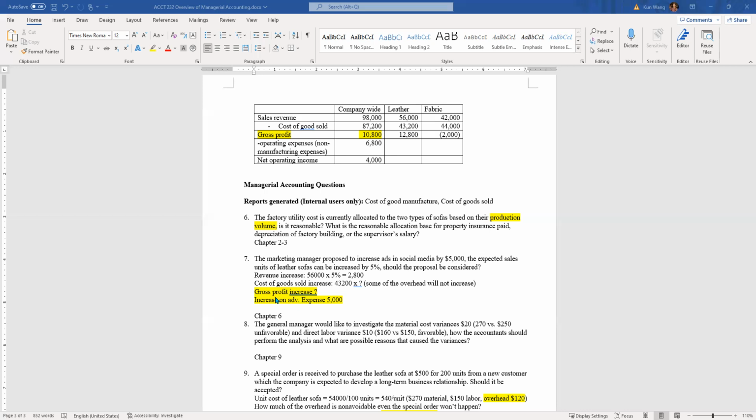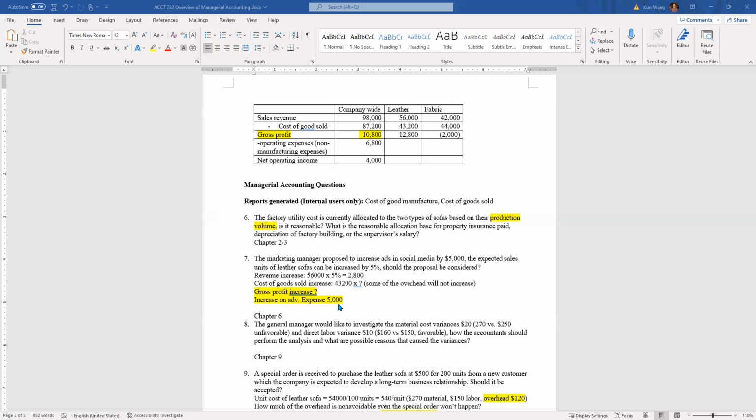Then we can compare the gross profit increase with your advertisement expense. Is this a worthwhile investment? If the gross profit increase is larger than the 5,000, that's maybe a viable proposal. Otherwise, you can probably reject it based upon the numeric values only.